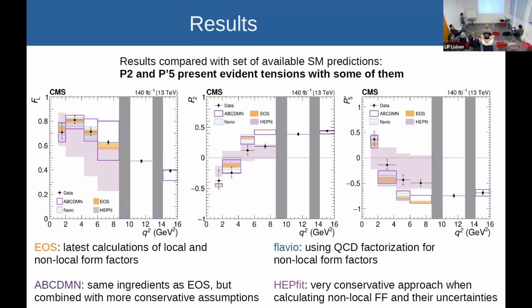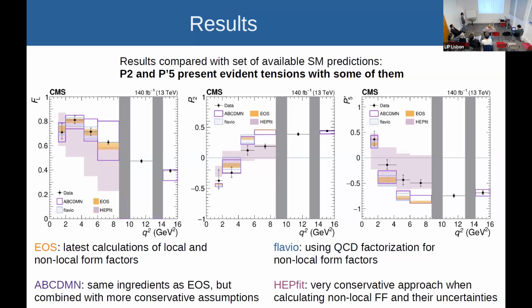Just to mention a few things about these models, starting from the EOS. This uses the most updated calculation of local and non-local form factors to produce this prediction on the angular parameters. The ABCDMN prediction uses the same ingredients as EOS, but combines them using more conservative assumptions on whether there can be constructive or destructive interference between them.